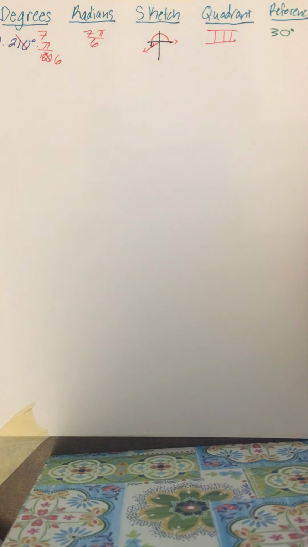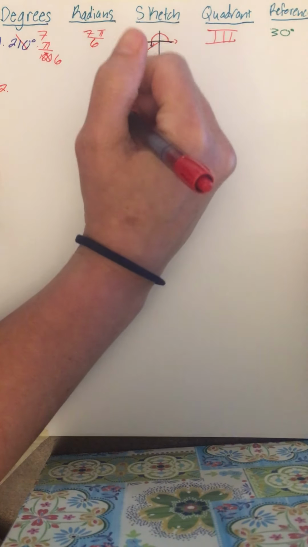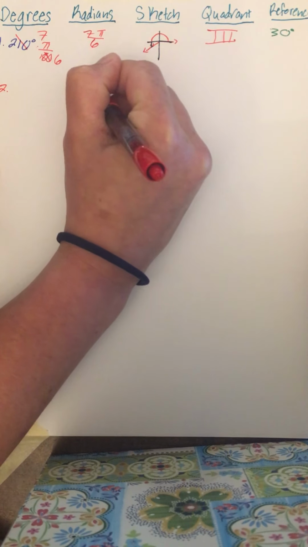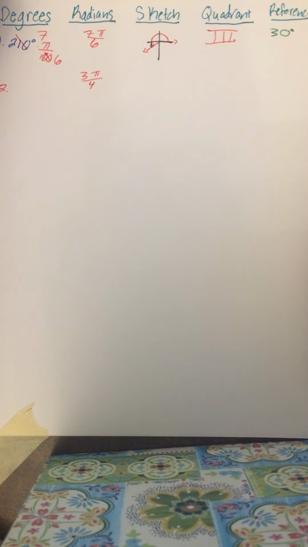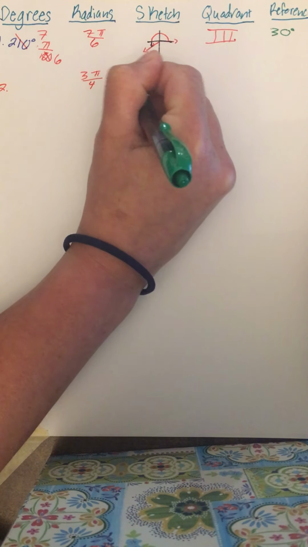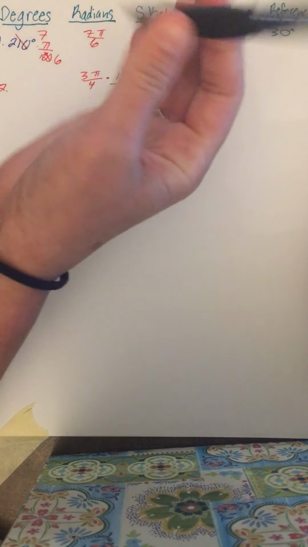Let's say on number 2, instead of giving you in degrees, I gave it to you in radians and said 3 pi over 4 radians. Now, when we go from radians to degrees, we're going to multiply by 180 over pi. The pi's are going to cancel.